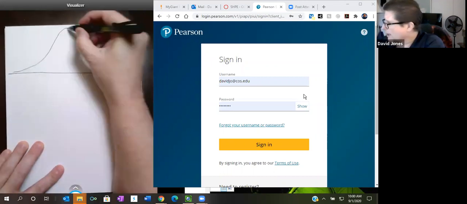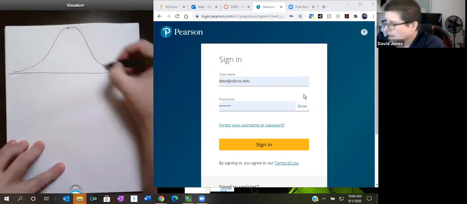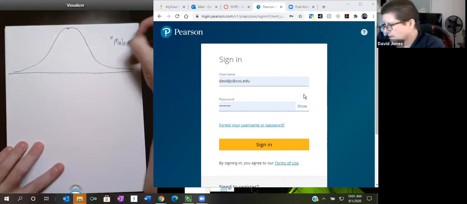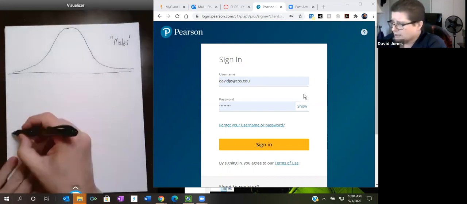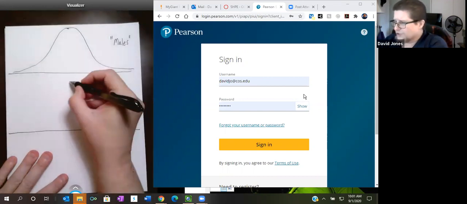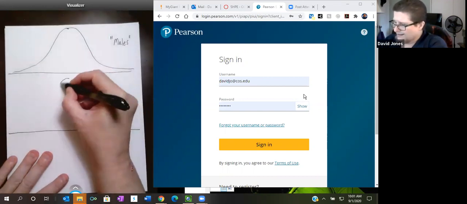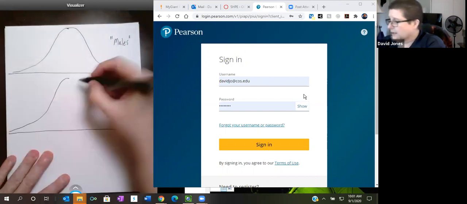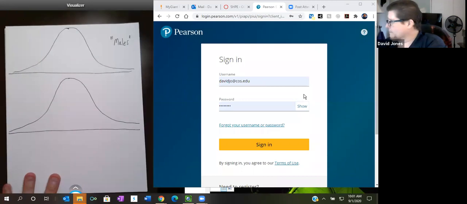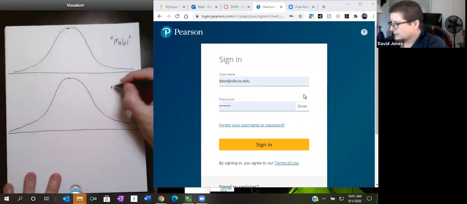This is on height, and the top one will be on males. Sorry, this is going to be a two gender system for this. They don't have a lot of data on people that are not in that system. And this will be on females.